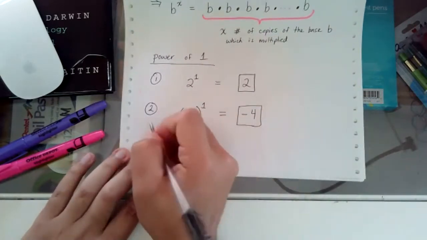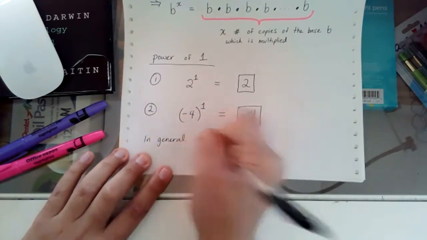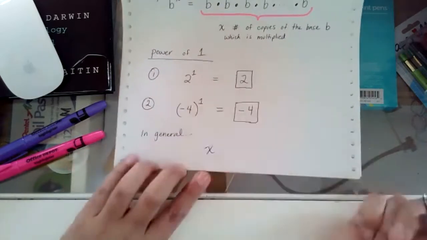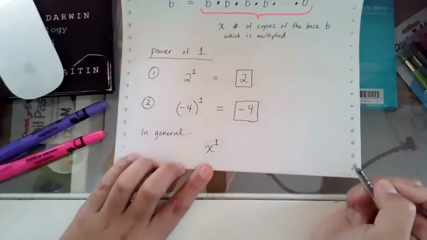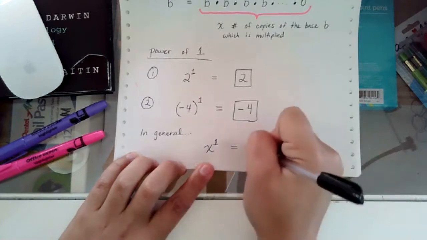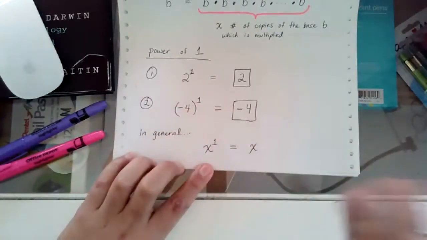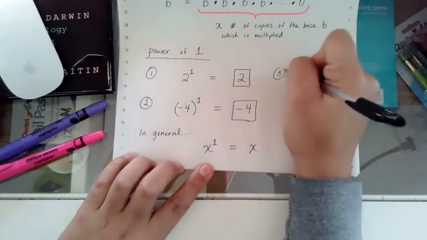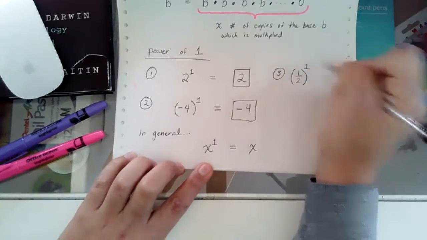In general, if we have x, some number or some variable raised to the first power, what should that equal? That number? Yeah, whatever that number is. So in this case, we'll just say x. Right, and it doesn't matter if these are whole numbers, positive or negative. It could be, for example, let me give you a third example, a fraction like 1/2 raised to the 1 power.